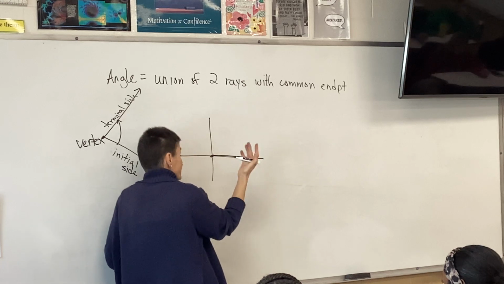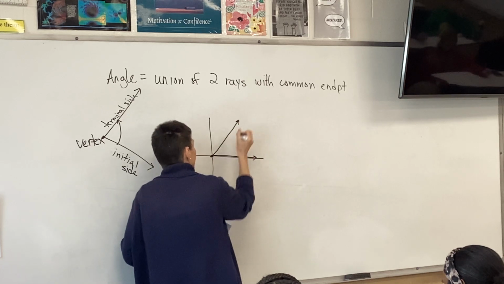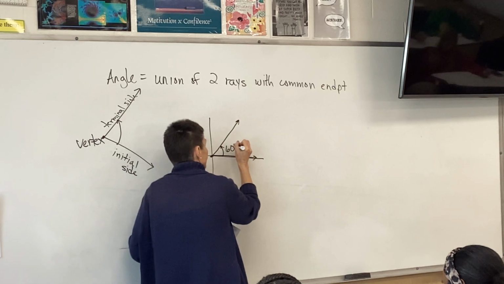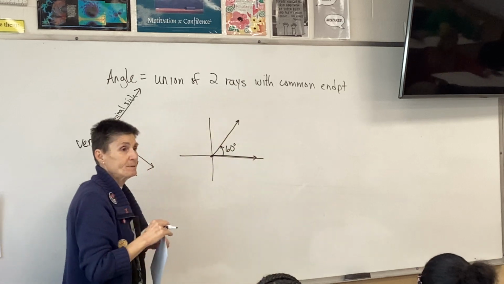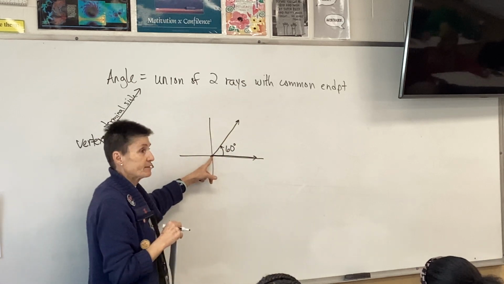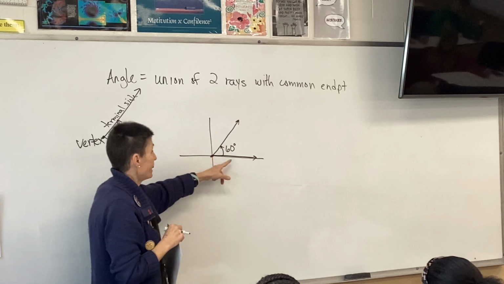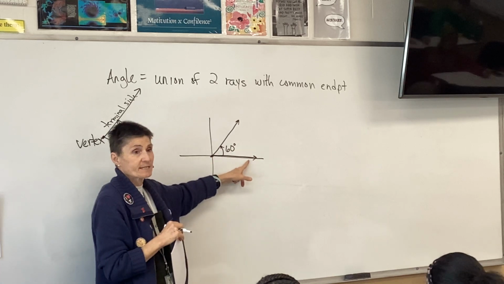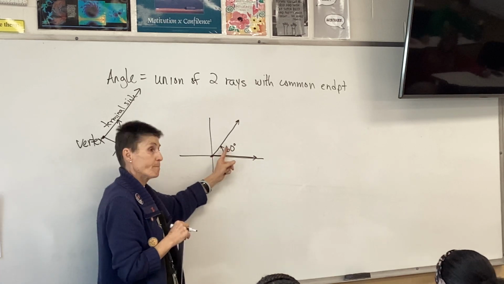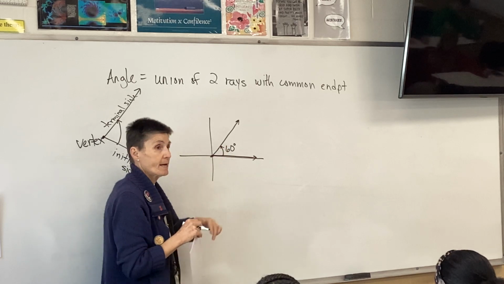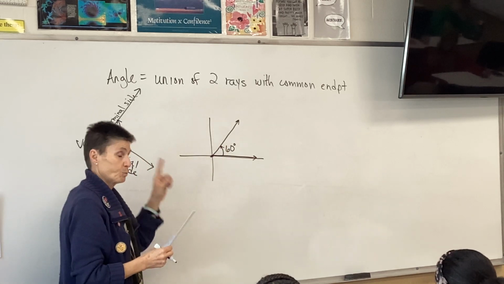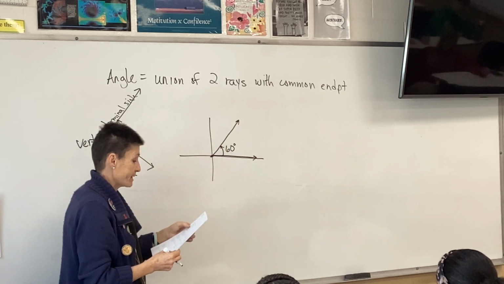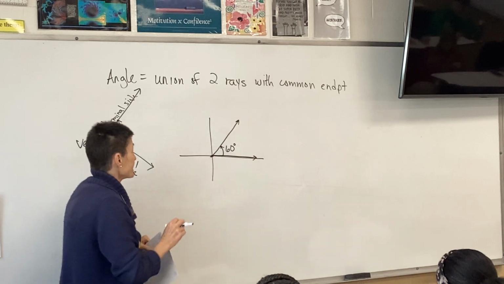So if I wanted to draw 60 degrees, it would look like this. That's standard position. Vertex at the origin, initial side is the positive x-axis. And that's where we start measuring from, okay? Every time, with one exception, which we'll talk about when we get to it.